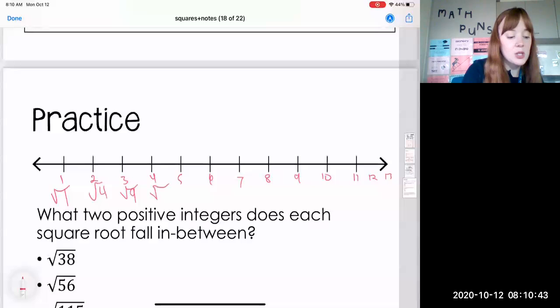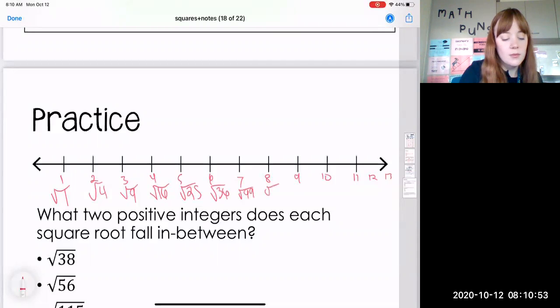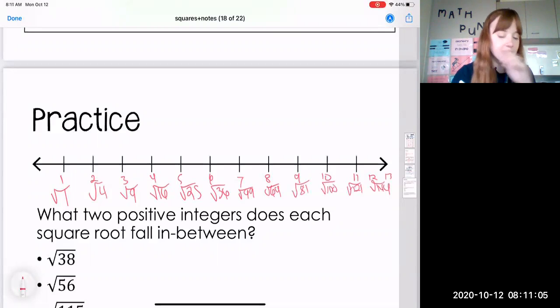Remember, I'm getting these numbers by multiplying that number by itself, because that's what the opposite of a square root is. So again, the square root of 64 is 8. That's how I'm getting these numbers. The square root of 81 is 9. Square root of 100. Square root of 121. 144. And then 169. We may need extras towards the end, but we'll see.